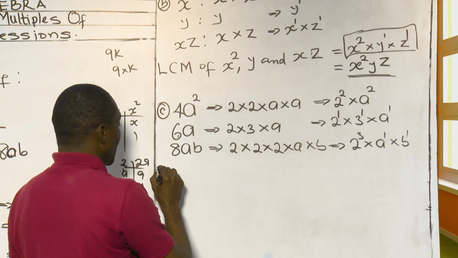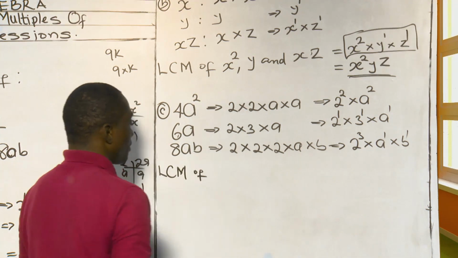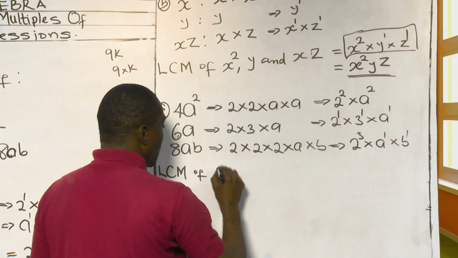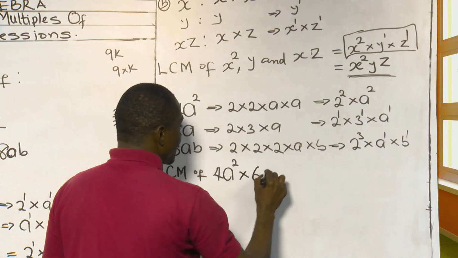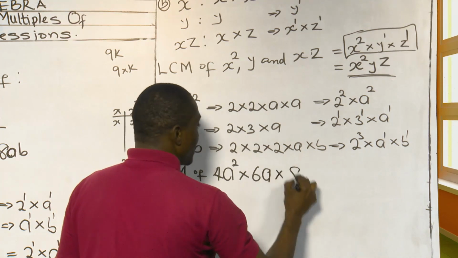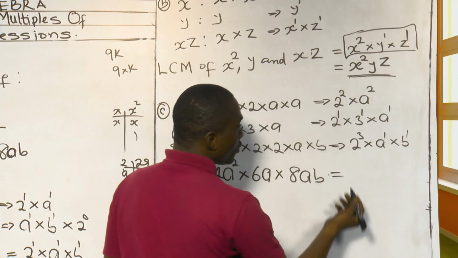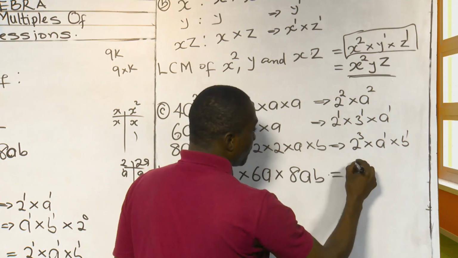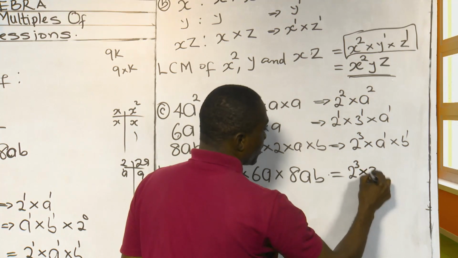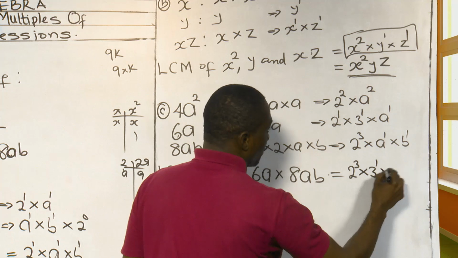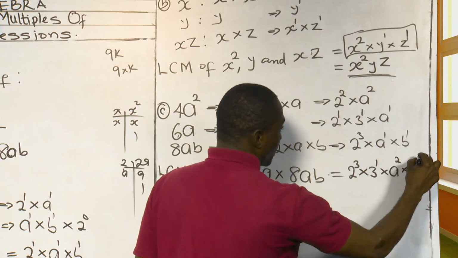So, the LCM of 4a squared, multiplied by 6a, multiplied by 8ab will be equal to 2 raised to power 3, multiplied by 3 raised to power 1, multiplied by a raised to power 2, multiplied by b raised to power 1.